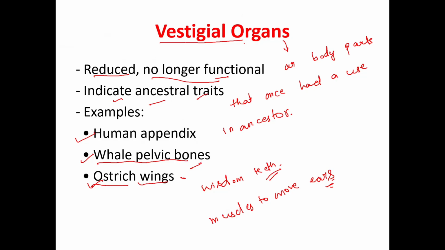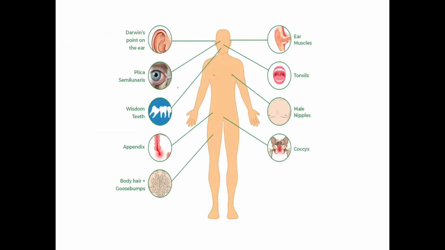So these organs are called vestigial organs, right? Look at the vestigial organs: Darwin's point on the ear. Why do we need this?